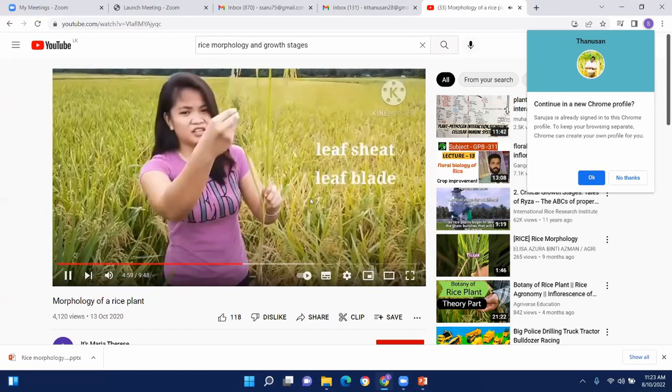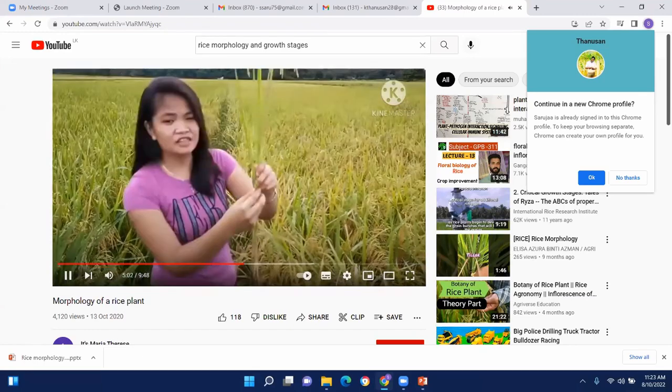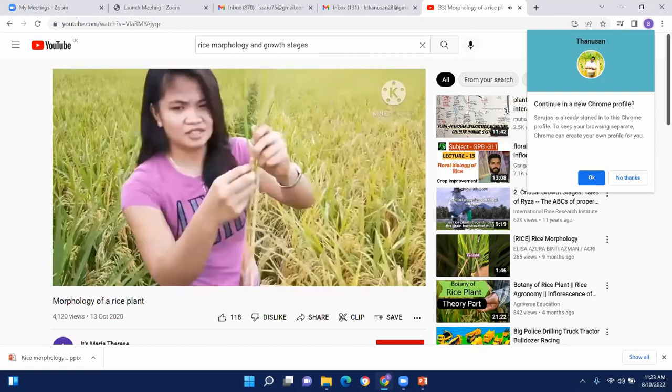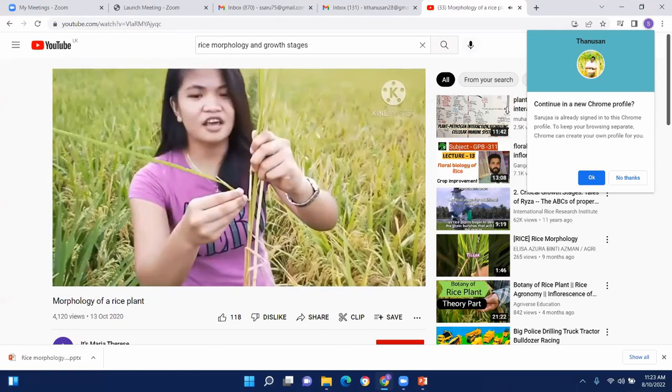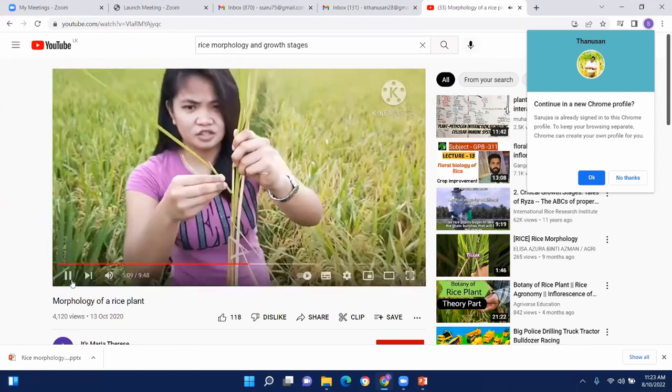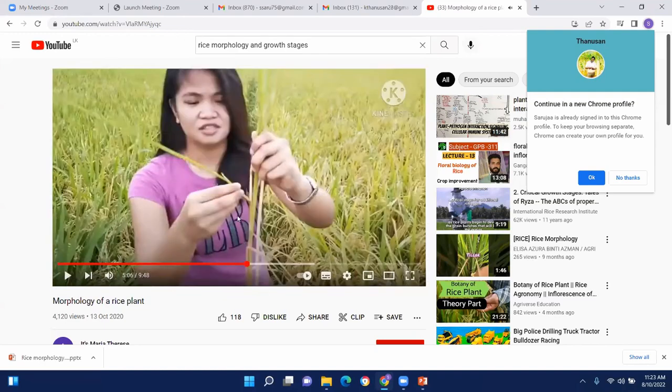On this part of the leaves, this is what we call the leaf sheath. This envelopes the internode. And you see here, from the paddy stem to this starting area is called the leaf sheath. That leaf will join with the stem.